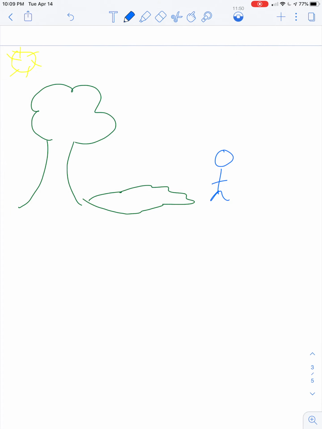And then Beth is standing over here, and she has a smaller shadow because she's obviously not as tall as the tree. But remember, their angle from the sun is going to be the same. So as it's casting down, we can use that information to figure out some measurements that we need to figure out, which is going to be the height of the tree.